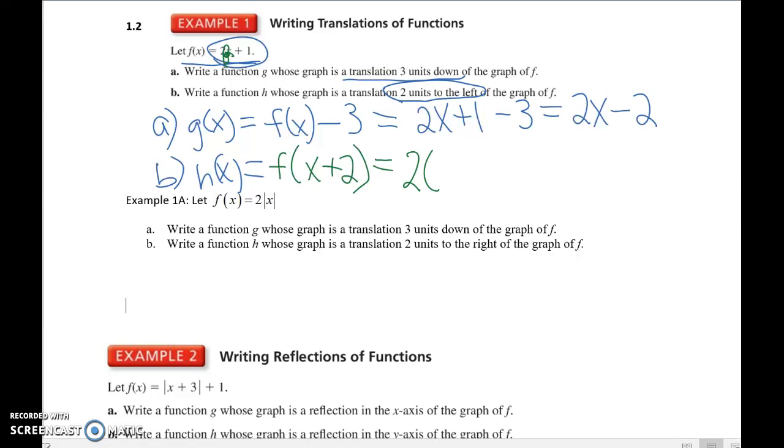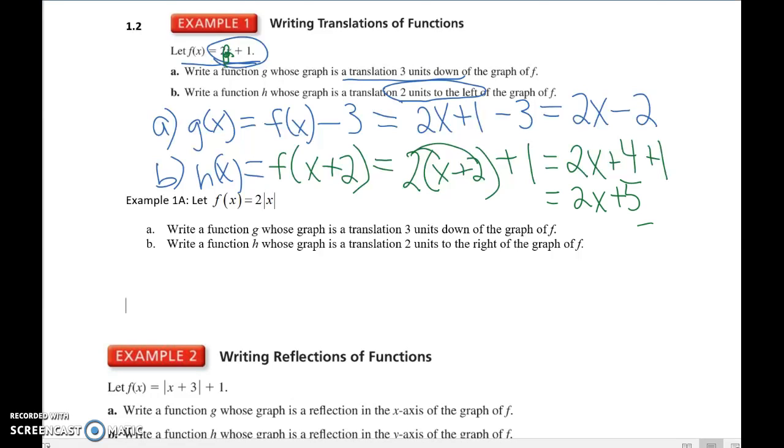So I'm going to have 2 times (x plus 2), all plus 1, and then distribute your 2. So my final answer will be what? 2x plus 5. And there's my final answer.